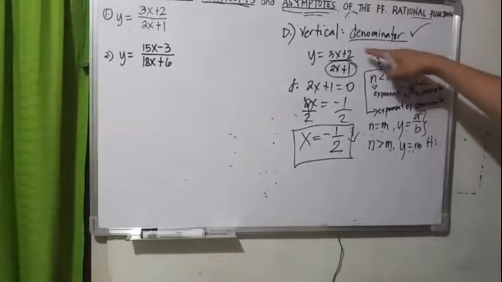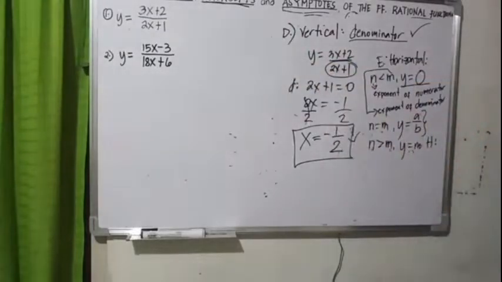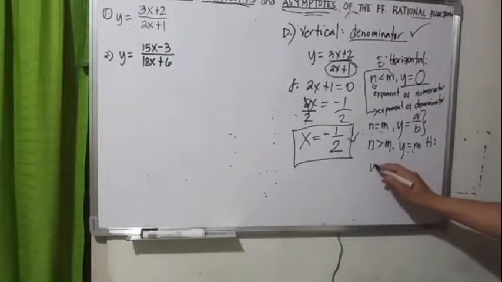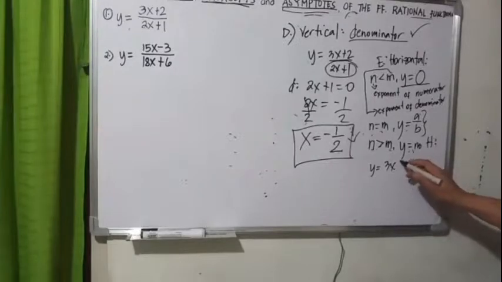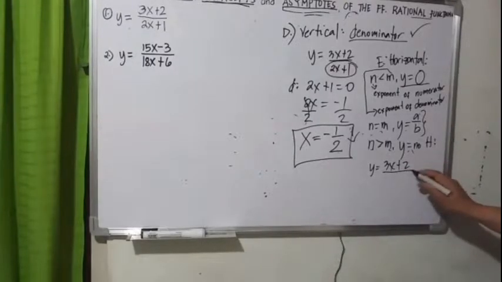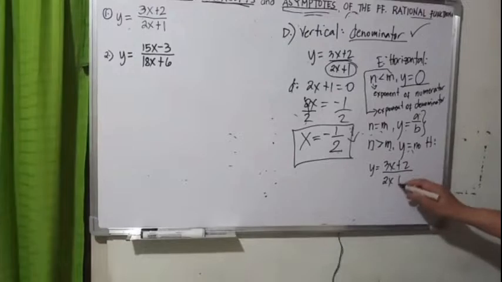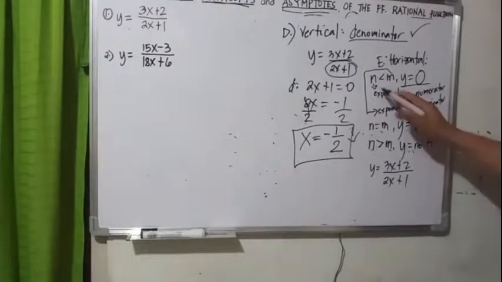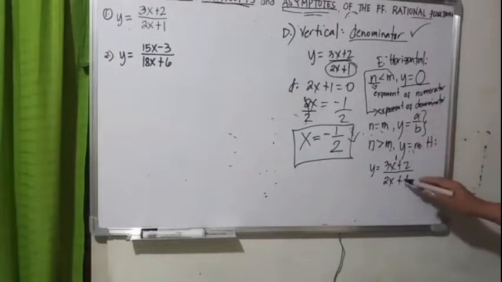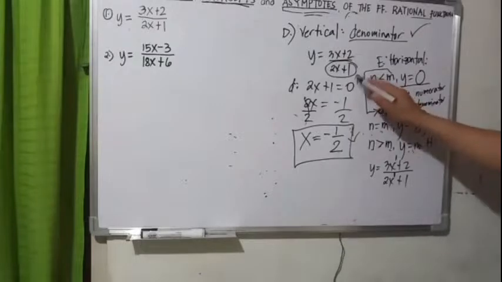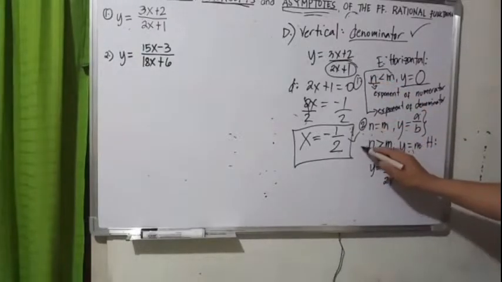So based on this given example, y equals 3x plus 2 over 2x plus 1. What is the value of n in the numerator? Ang exponent ng leading coefficient is 1, and ang exponent ng denominator is 1. So saan yung restriction natin? Is it 1, 2, or 3?